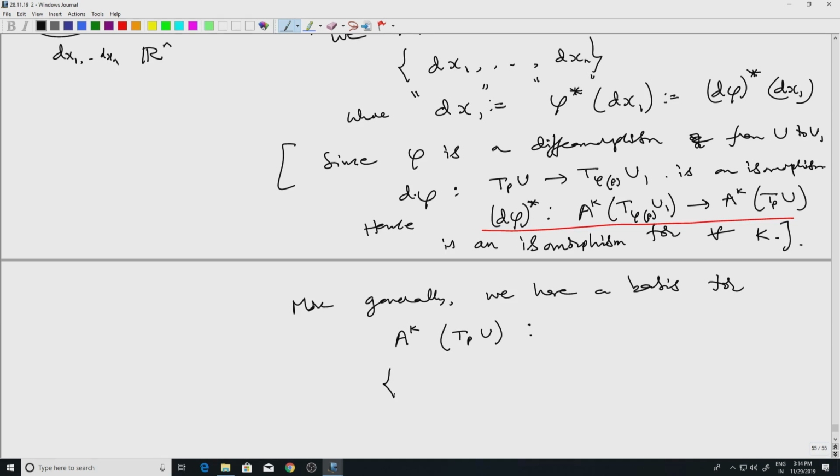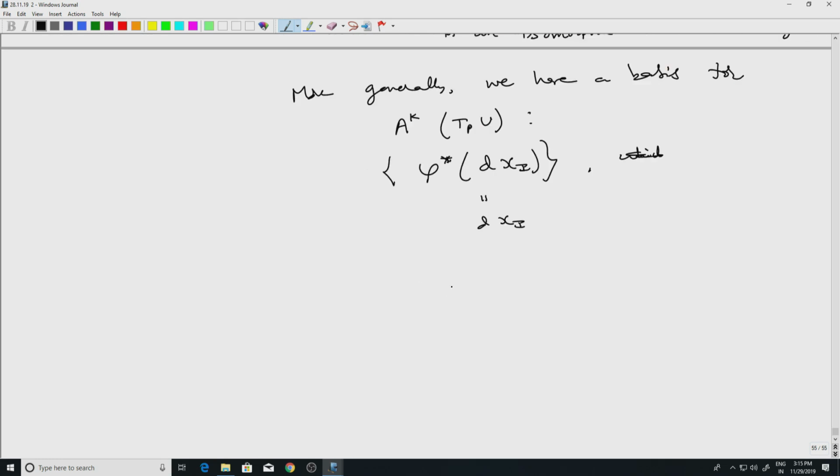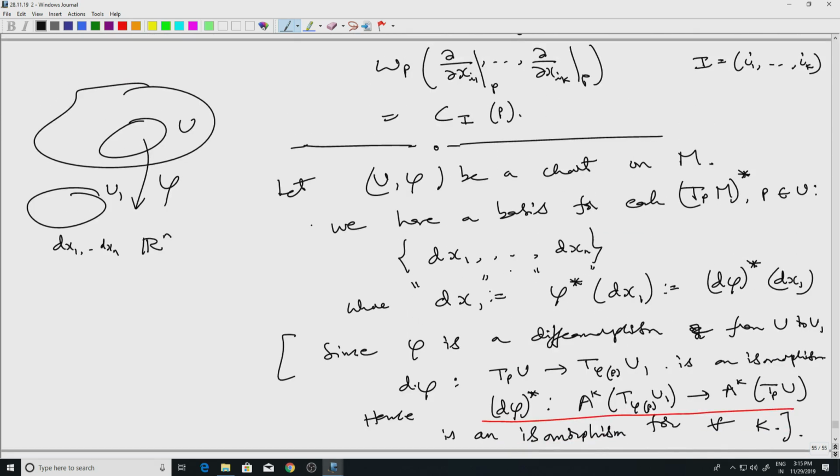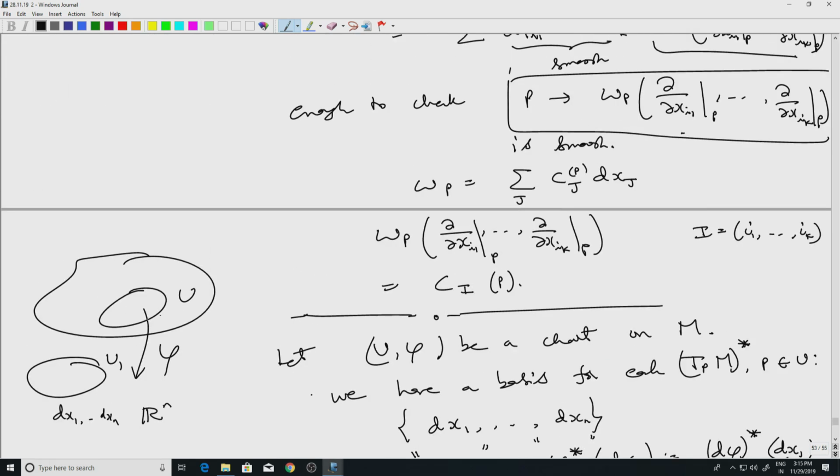namely phi upper star, where by phi upper star again I mean d phi upper star of dxi, which we write as, so these things again I just write as just dxi. So in short, we use the same notation even though we are on the manifold.